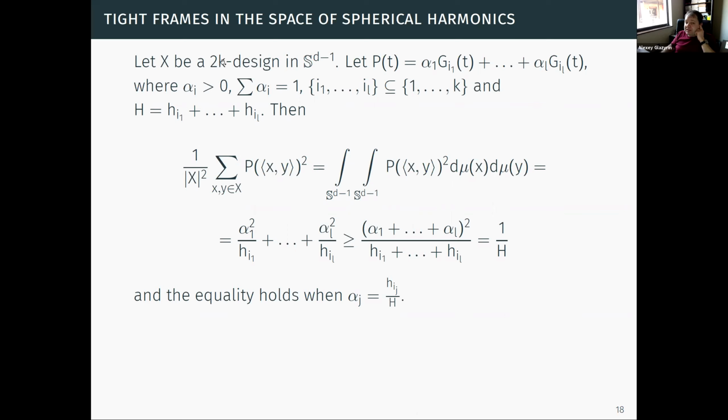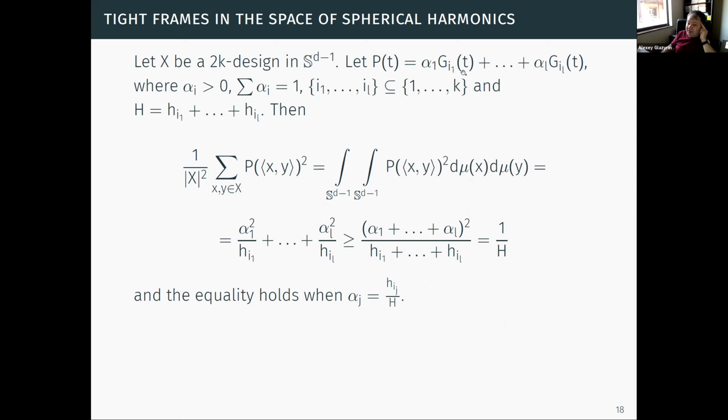We have a 2K design at the beginning. The degrees are from 1 to K of Gegenbauer polynomials. We check our condition. Synthetic design, it's the same as to integrate on the sphere. And if you look at the square of this value, then the product of Gegenbauers of different degrees are going to give us 0, because it's an orthogonal system of polynomials, essentially.